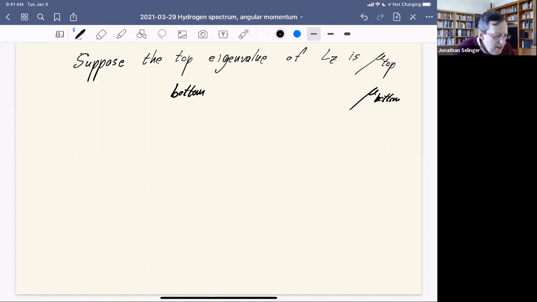This gives us some information about the corresponding states. Actually, I'm running out of time, so let me set this up and then I'll solve it tomorrow.